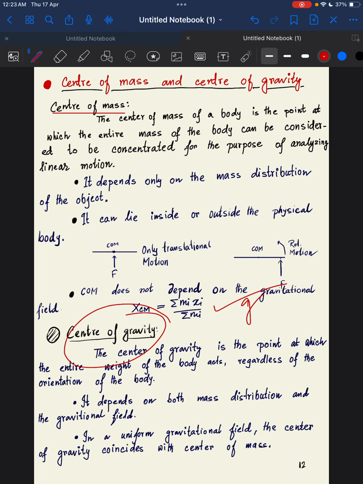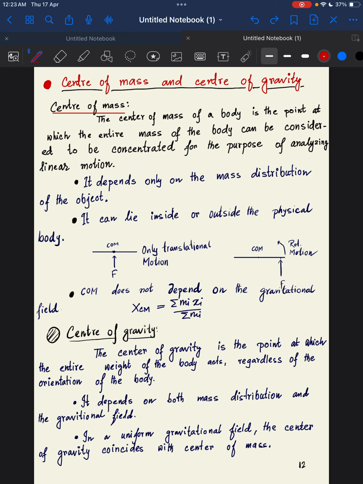But what is center of gravity? Center of gravity is the point at which the entire weight of the body acts regardless of the orientation of the body. So it is a unique point where the entire weight of the body is concentrated. Meaning the gravity is pulling only that particular point.